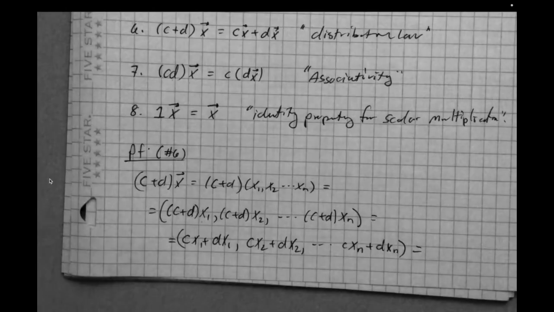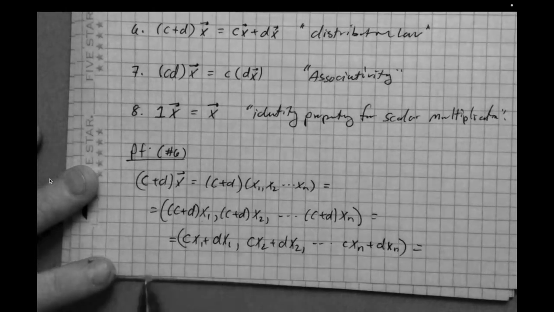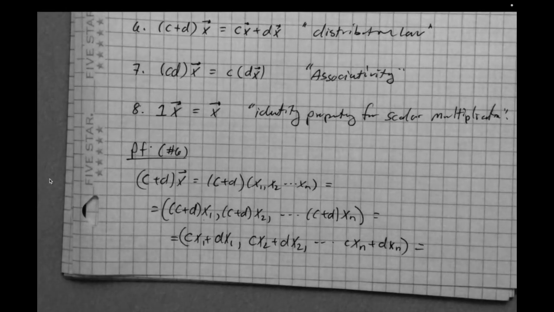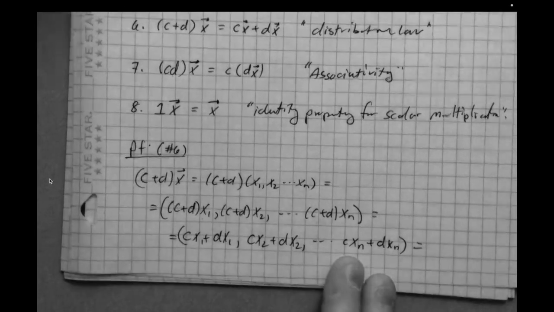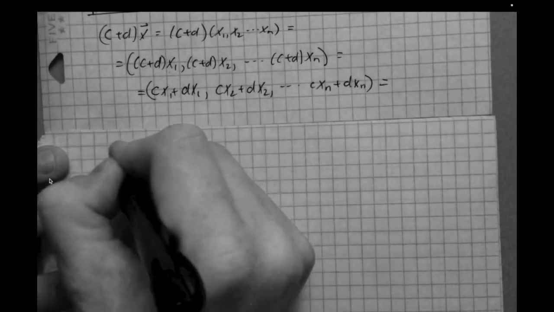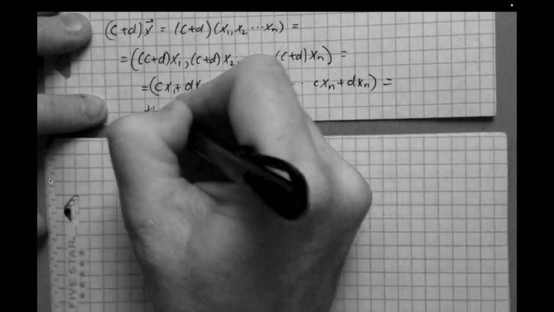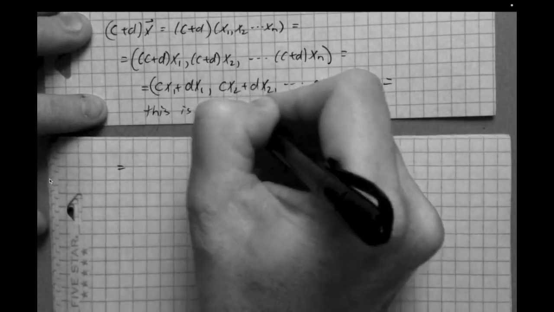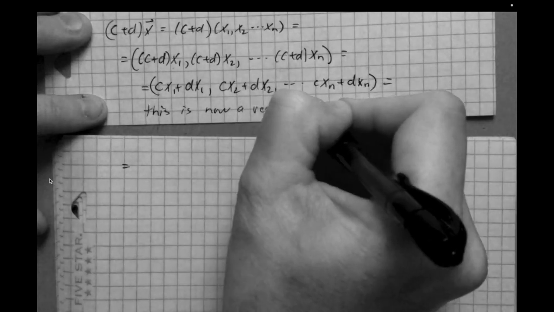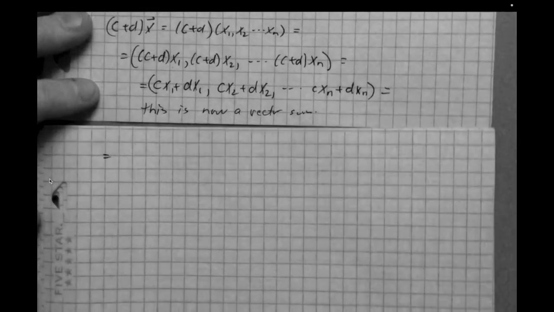And then what I can do here is I can separate out the two vectors. This looks a lot like just a vector sum, where you've got two vectors that you're adding together. Let me write that. This is just a vector sum. And what are the two vectors in the sum?